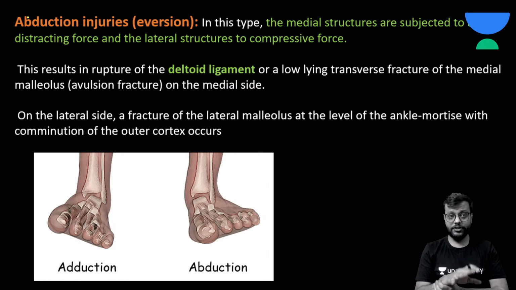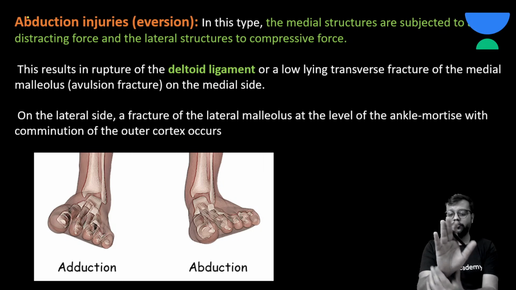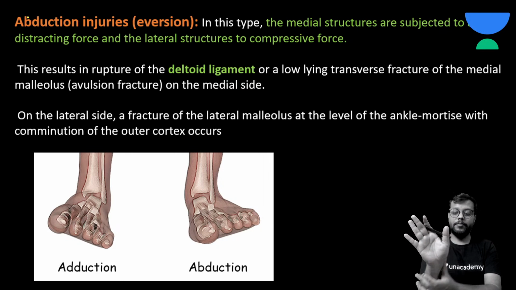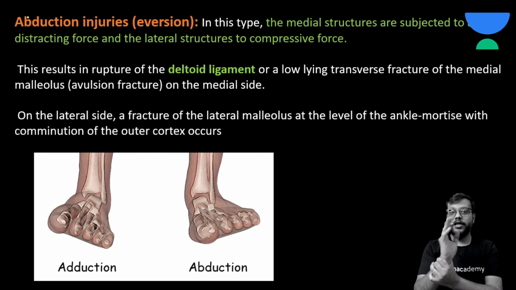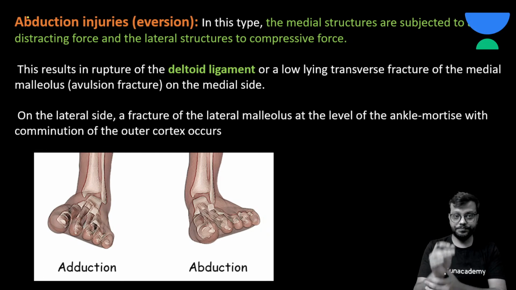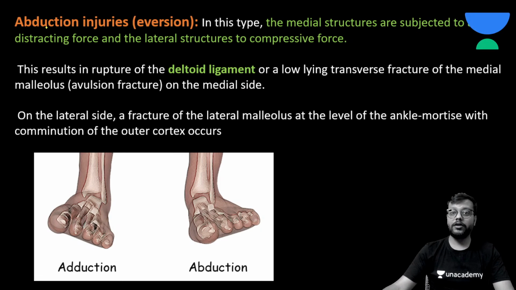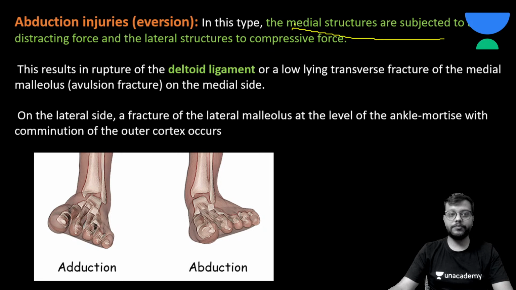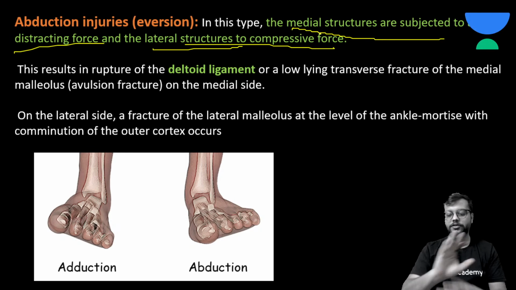Now abduction injuries, if you abduct then there will be more sprain or pressure here, so there will be injuries on the medial side and medial structures of the ankle. So the medial structures will be subjected to a distracting force and the lateral structures to a compressive force like this.